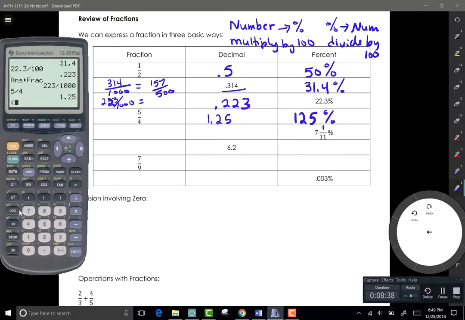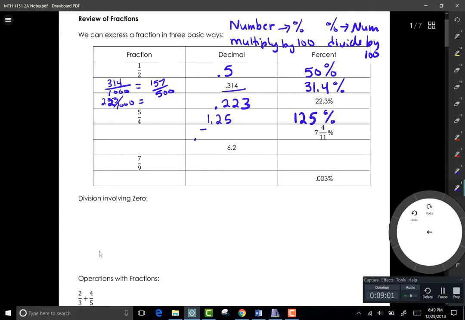So I'm going to do 7 plus 4/11. There's my 7 4/11. And now I want to take that number and divide by 100 to get it out of percent form and put it in decimal form. So divide by 100. And I get 0.0736, and the 36 is repeating, so we're going to put the bar over it.